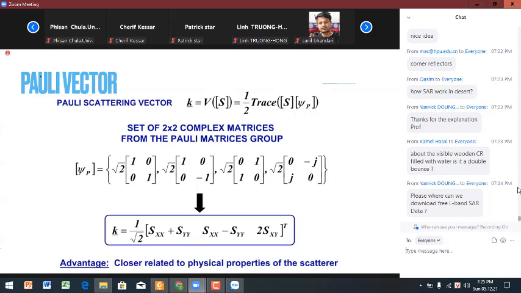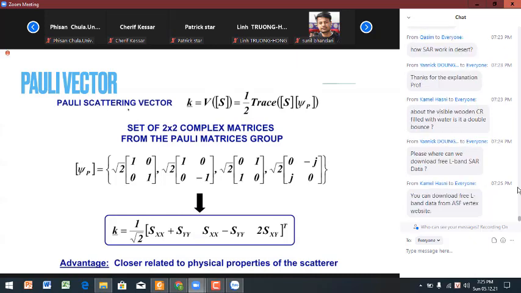A good way of visualizing it is the Pauli vector, the Pauli scattering vector. So you make that three bands, okay, red, green, and blue, so you can visualize it on a computer screen.